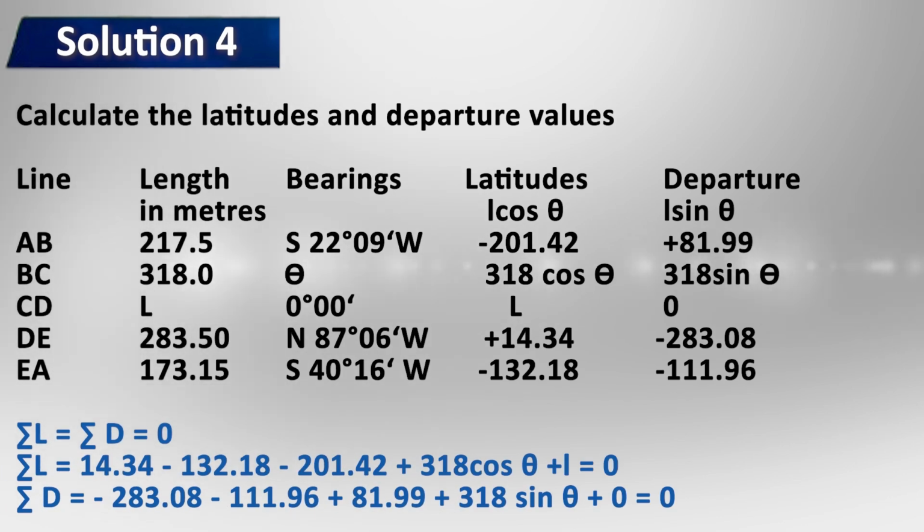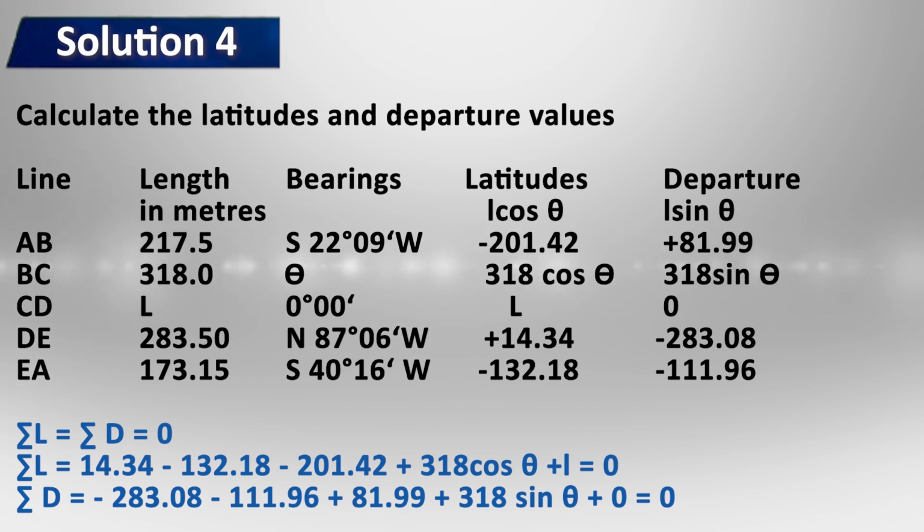Since A, B, C, D, E is a closed traverse, the summation of all the latitudes and the summation of the departures must be equal to 0. So we will get two equations. From sigma L equal to 0: 14.34 minus 132.18 minus 201.42 plus 318 cos theta plus L is equal to 0.